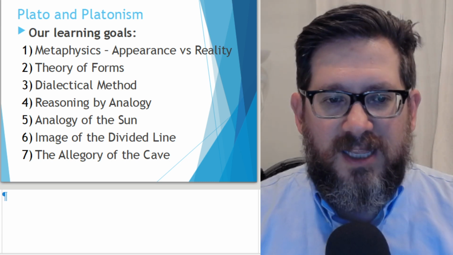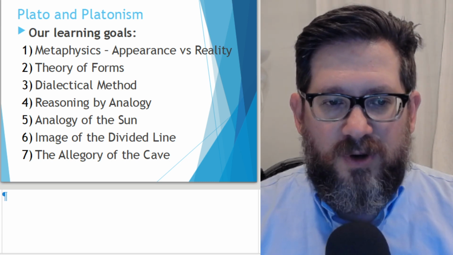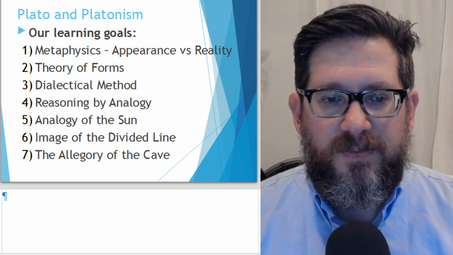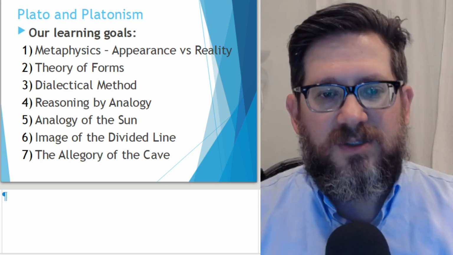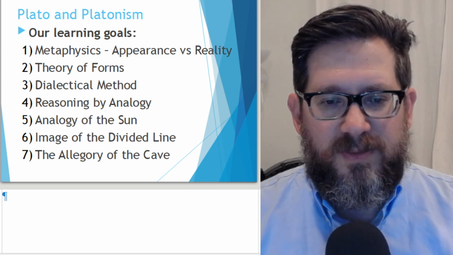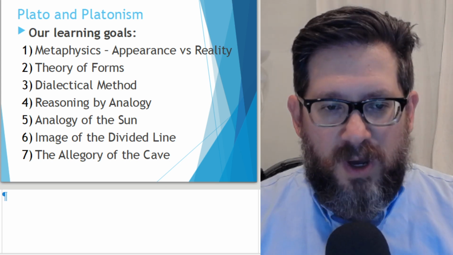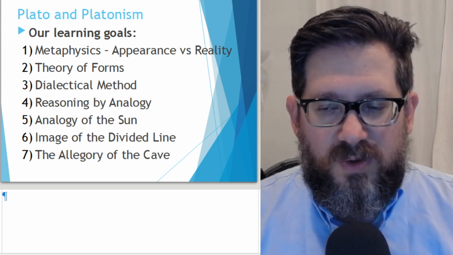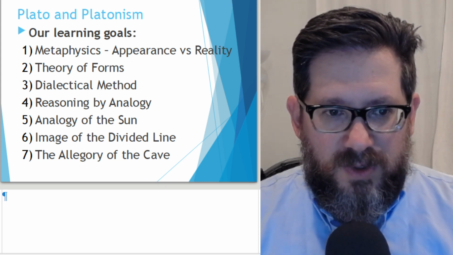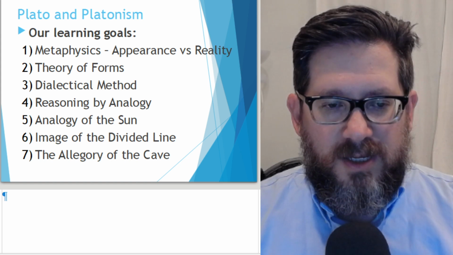We talked about dialectical method. So we've covered 1, 2, and 3 so far. You should hopefully have written down this list when it showed up right at the beginning of video 1, and checked it off as you gained familiarity with all these different items.